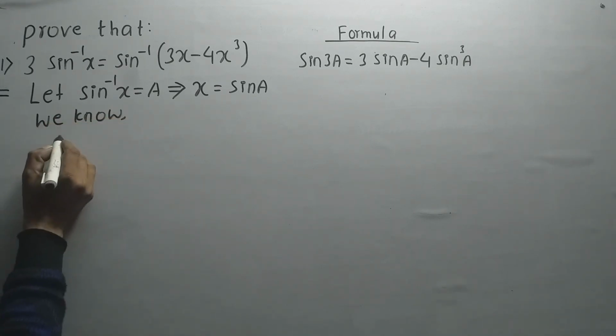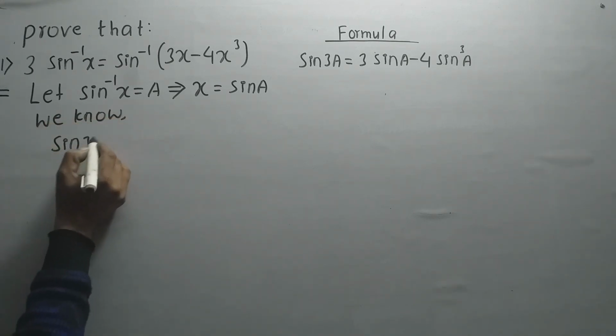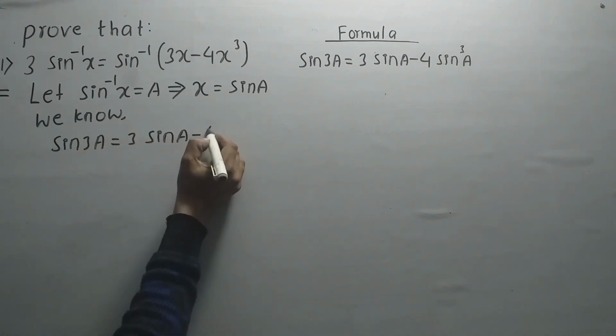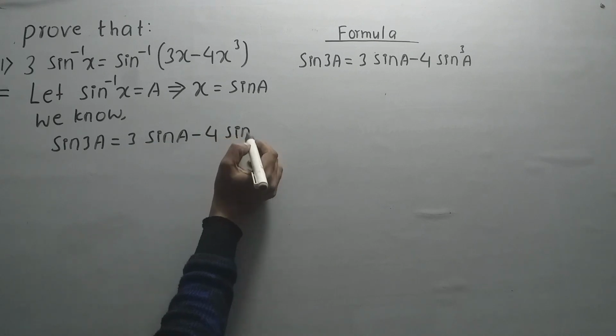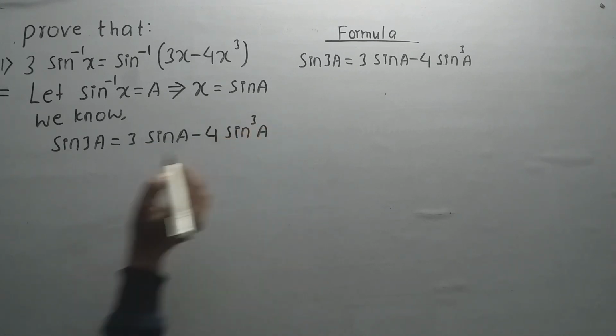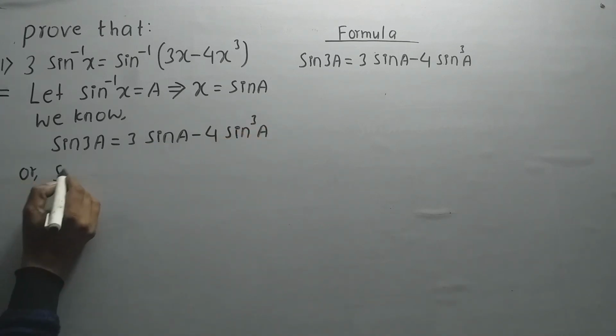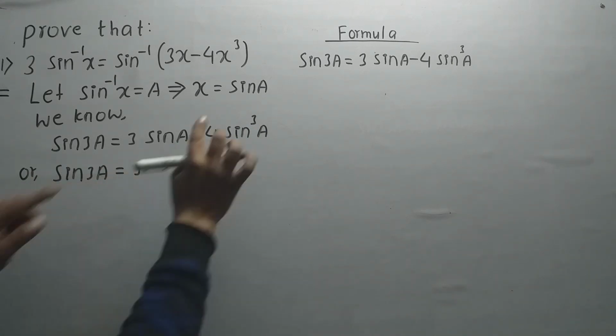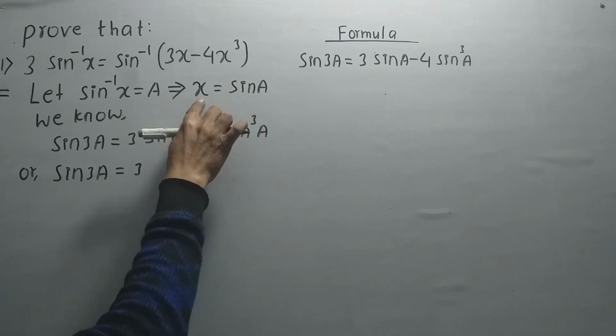We know the formula for sine 3a is 3 sine a minus 4 sine cube a, or sine 3a, where the 3 remains the same. Now in place of sine a you can replace that by x.